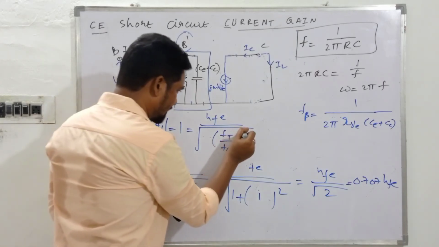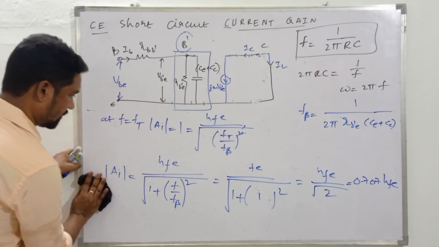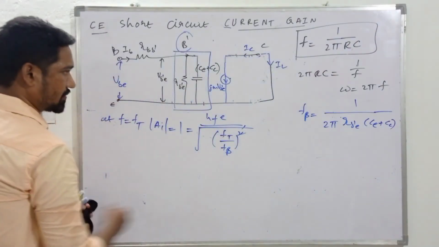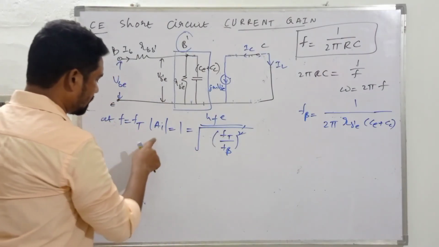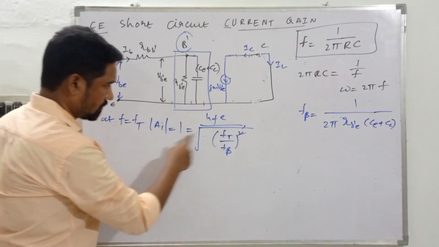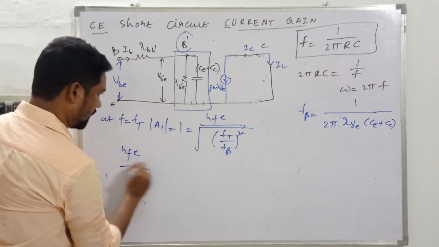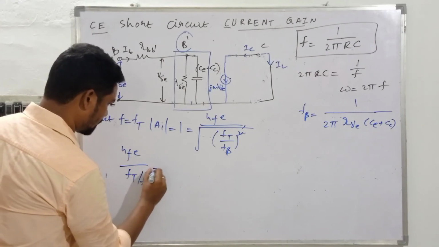So guys, this gets cancelled. Here that's for f beta, and we are in search of another frequency ft at which the magnitude gain becomes unity, okay? So what we have is HFE by ft upon f beta is equal to 1.